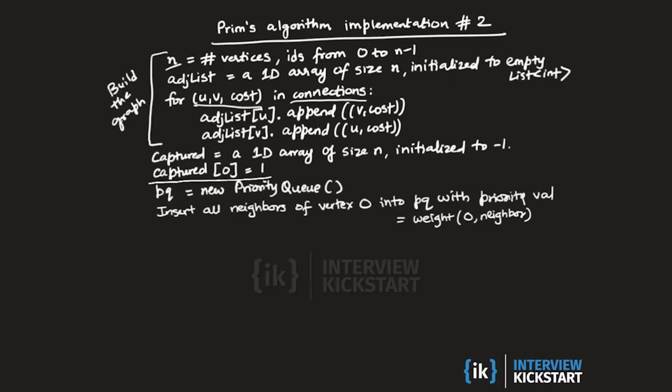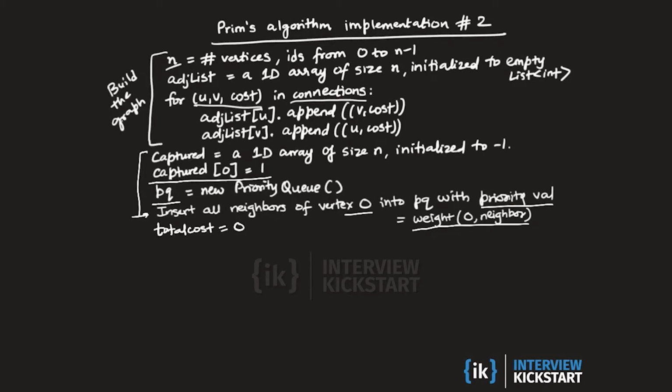And then we're going to have a priority queue as before, which will initially store all the neighbors of vertex 0. We will traverse the adjacency list of vertex 0 and insert each neighbor into the priority queue as part of the initialization, and the priority value associated with each neighbor is going to be the weight of the edge between that neighbor and vertex 0. So this part is also identical to what we had in the previous implementation.